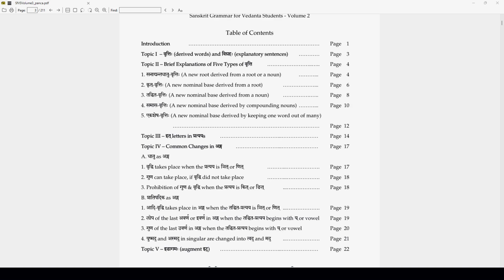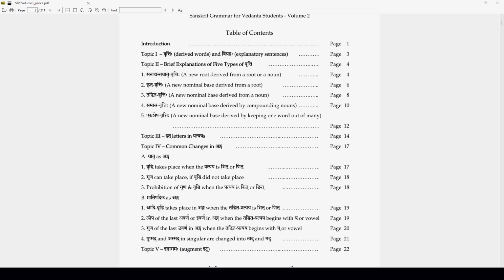But there is also an alternate word, which is just Pitarau. Mata Pitarau, the parents, can also be said as Pitarau.